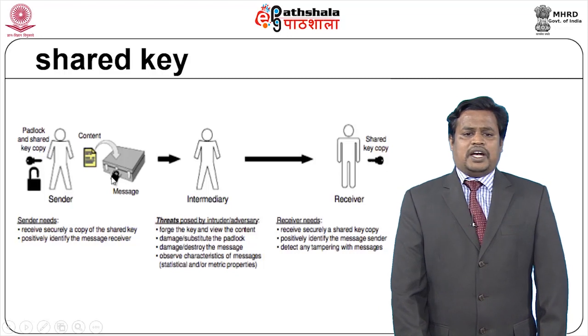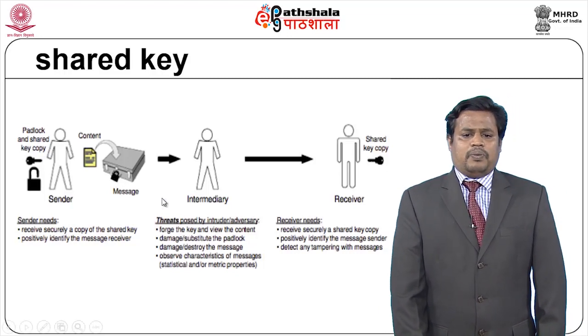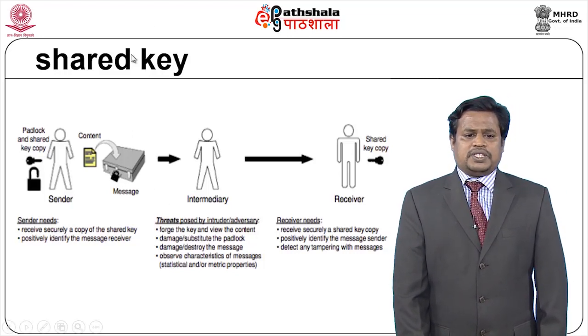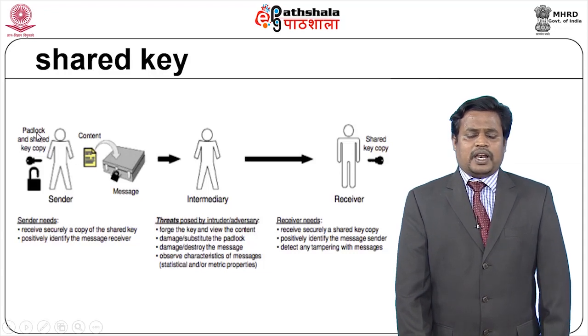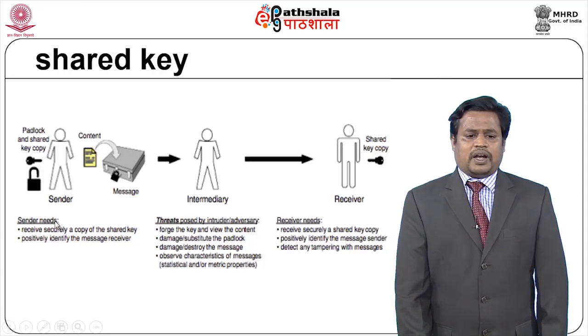Now, based on the shared key, as we know, when a person wants to send a message, they definitely need a key. So this example explains a shared key mechanism. In this mechanism, a sender wants to send particular content in a briefcase. This briefcase carries the content, and this is an analogy for how encryption is used.